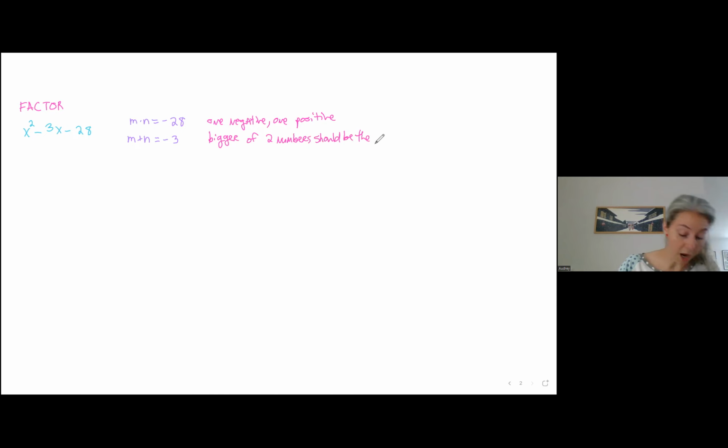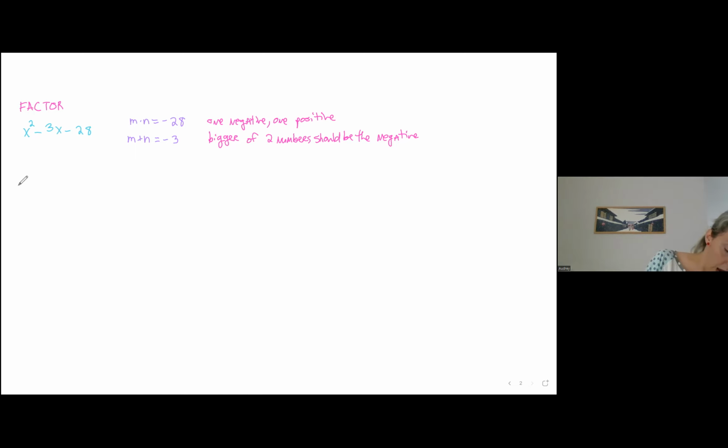Now, maybe you're like, I have no idea what two numbers could multiply to give me negative 28 and add to give me negative 3. Sometimes it's hard to find those two numbers, especially when the constant term is a little bit bigger. So if you're ever having trouble figuring out what the two numbers are, you can start by thinking of 1 as a factor of 28.